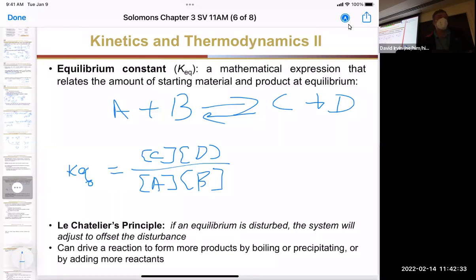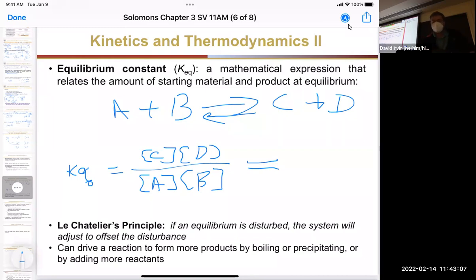So just by measuring the concentrations of the products versus the starting material, we get that equilibrium constant. Now, there's a principle called Le Chatelier, which I can't say in French very well, that says you can play with this equilibrium constant by adding or subtracting one of the components.